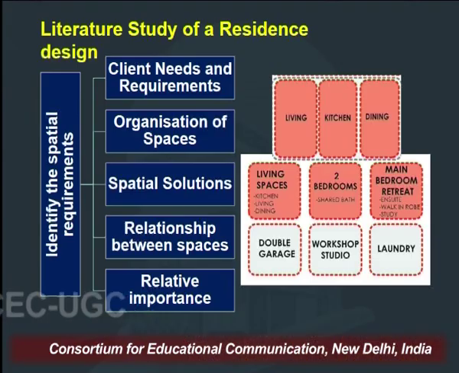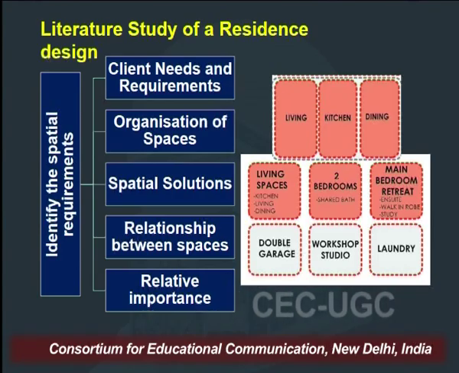So, literature study of a residence design goes through important aspects of identifying the spatial requirement, which comes through the client need, what are his requirements, then correct organization of spaces, that means which space has to be kept where.